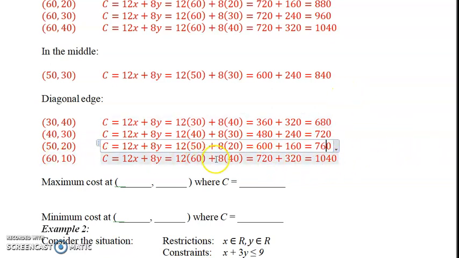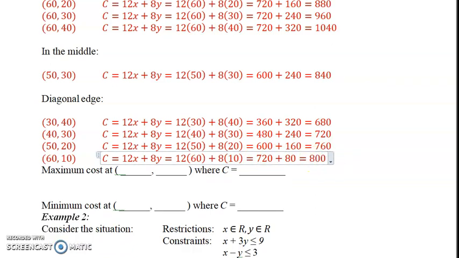And then the last one on the diagonal, again, we already calculated this, but we'll do it again. 60 and 10, which would be 720 plus 80, which is 800, right? Okay.